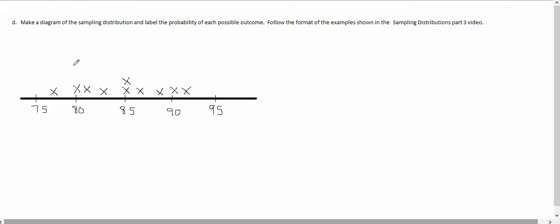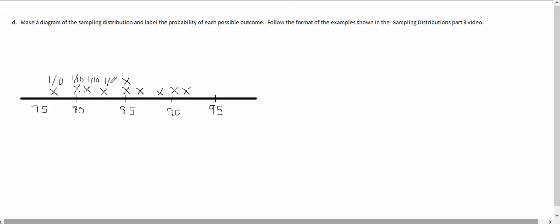Now we can find the probability of each possible outcome. When this person randomly selects 3 people, there is a 1/10 probability that the sample mean will come out to this number. There is a 1/10 probability that the sample mean will come out to this number. So just like I'm doing, write out the fractions above the numbers to show the probabilities.